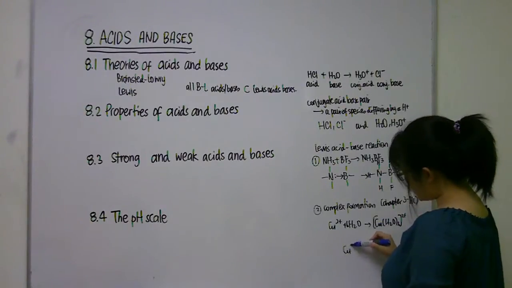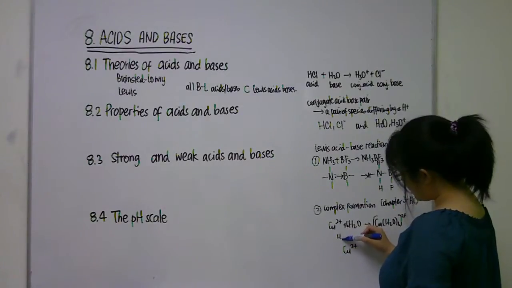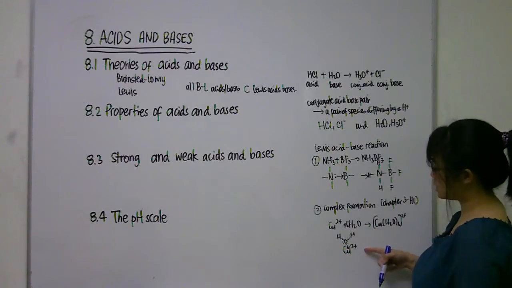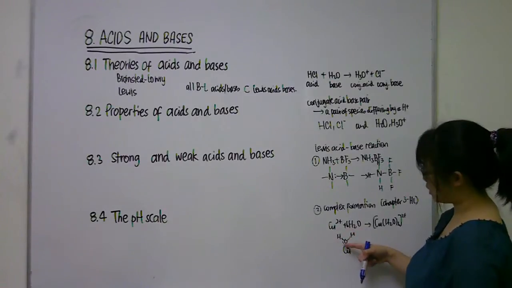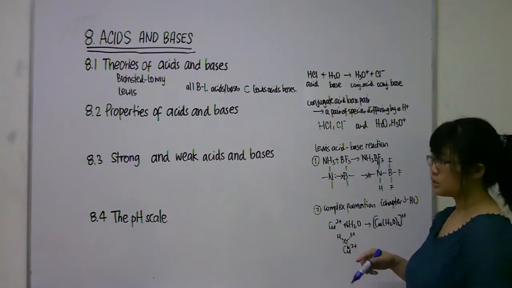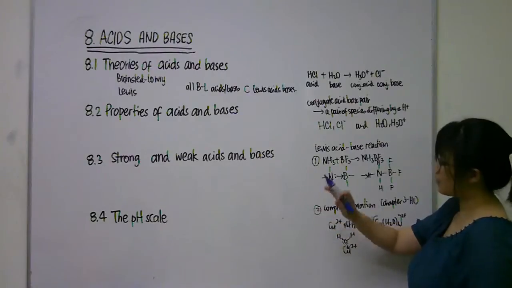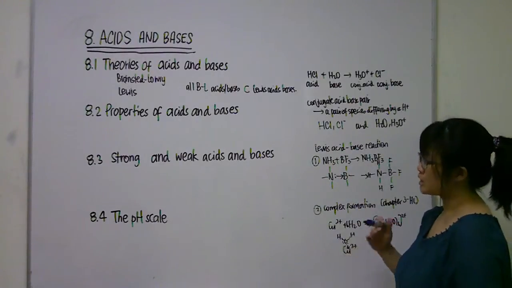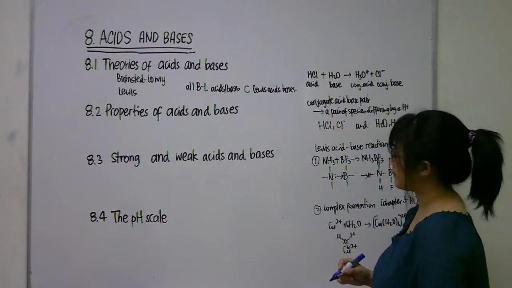In this case you have Cu2 plus, and the ligand will donate a lone pair to the metal ion. So in this case, your metal ion is the acid and the ligand is the base. Okay, so these two are specific examples of Lewis acid-base reactions which are not Bronsted-Lowry acid-base reactions.